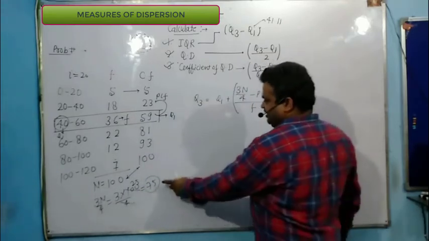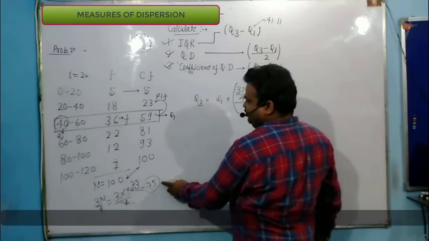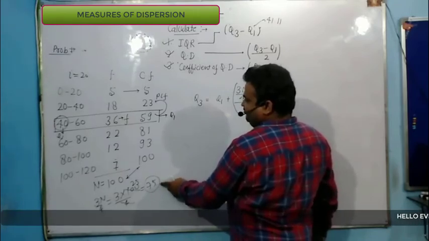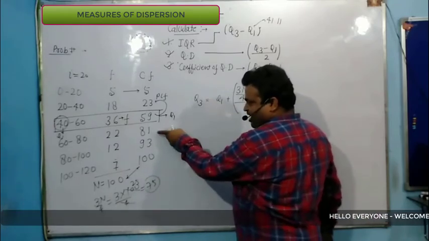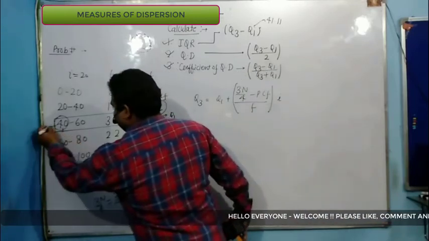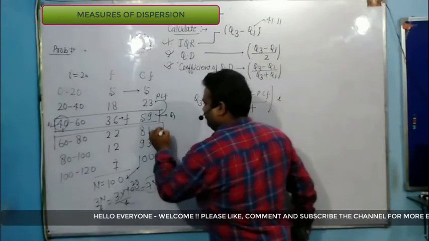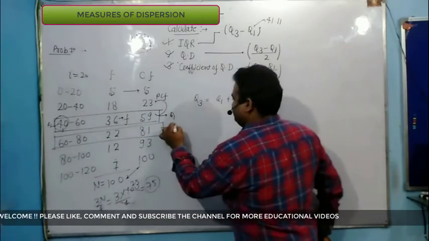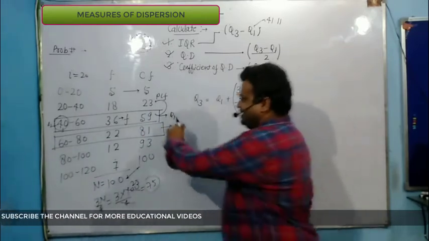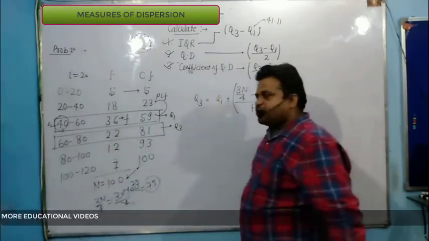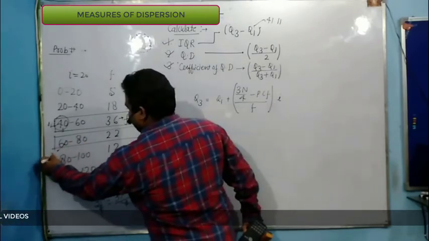Now I check where this 75 lies. 75 lies after this, so this will be my selected zone. I am using this table for the Q3 calculation, and this 60 is my L1.